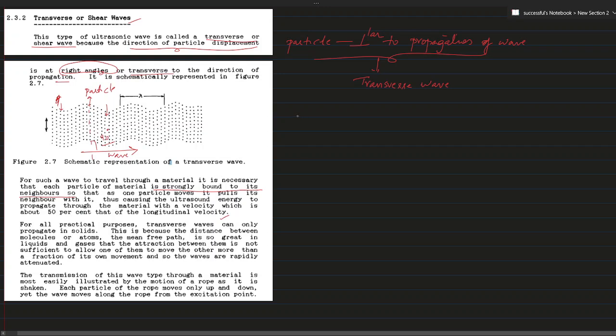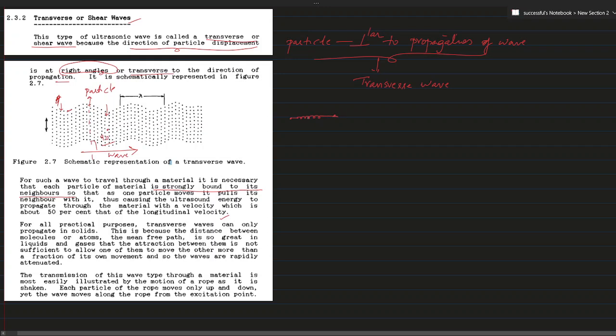Here the particles are moving up and down, but the wave is propagating in the forward direction. There are elastic bonds between this particle and this particle.